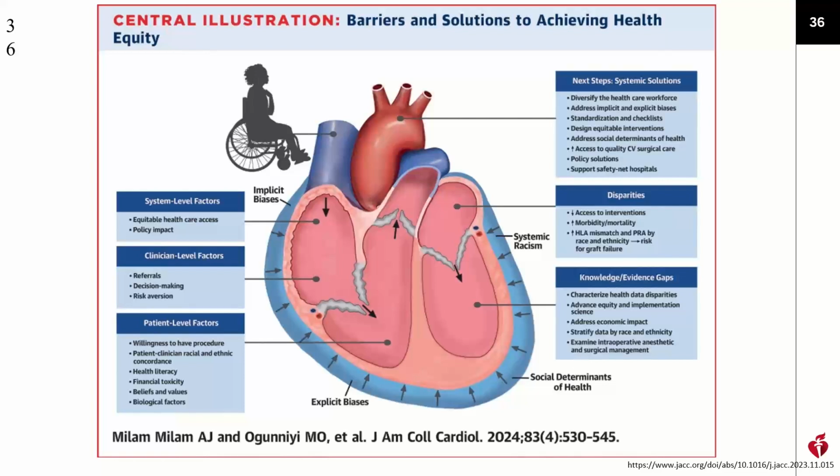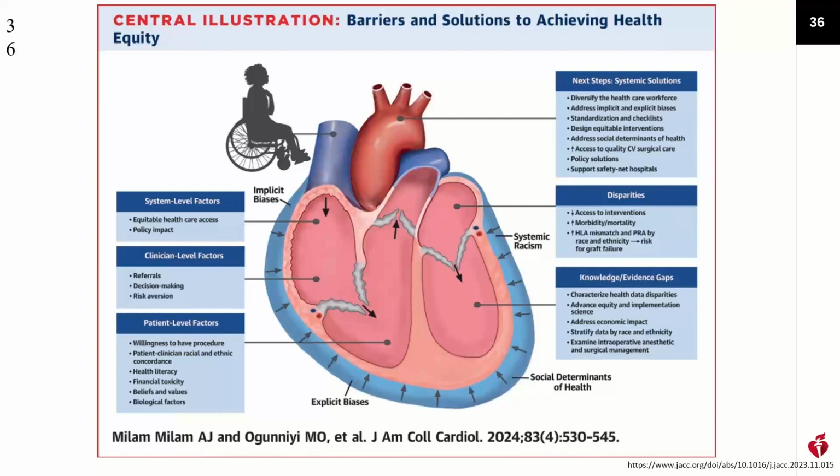And they talked about in this article the next steps for systemic solutions: that we diversify the healthcare workforce, that we address implicit and explicit biases, that we have standardization and checklists, that we design health equitable interventions, that we address the social determinants of health, and that we improve our quality as it relates to various interventions.